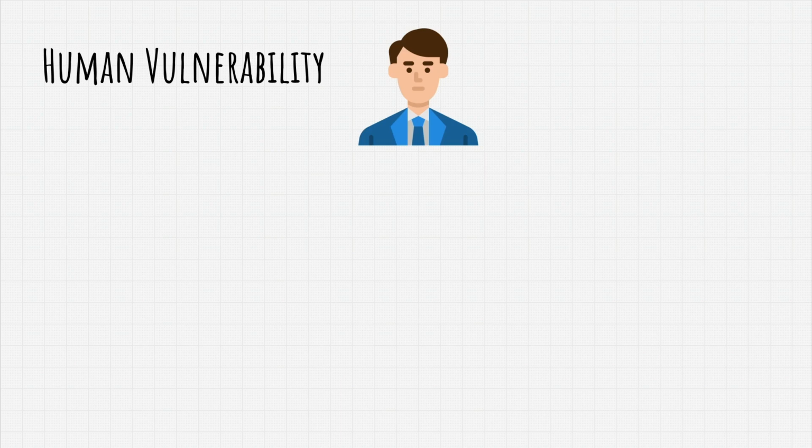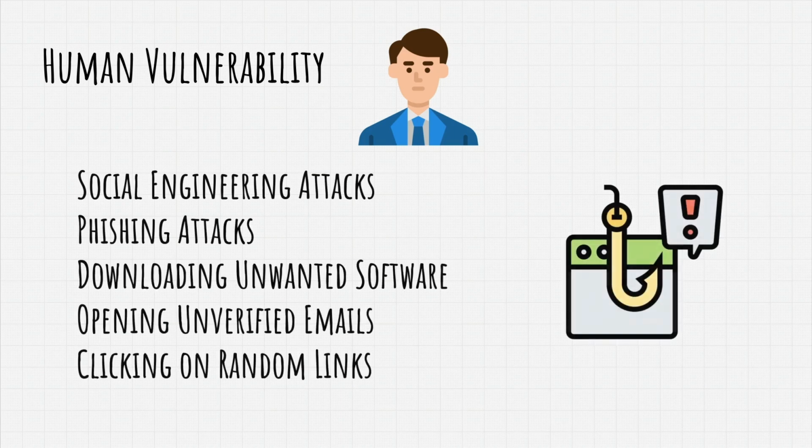These human vulnerabilities include social engineering or phishing attacks, downloading unwanted software, opening unverified emails, which essentially means opening emails that appear to be coming from a trusted source, but in reality, they are not to be trusted at all. And another one is clicking on random links. All these can result in not only the employee of the company being compromised, but the entire company as well.